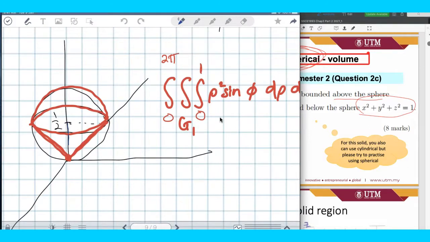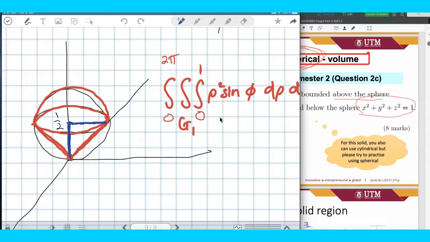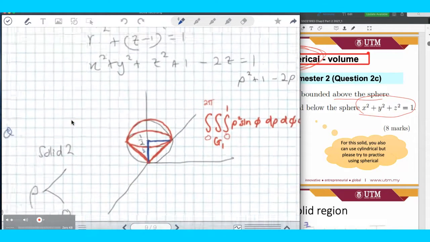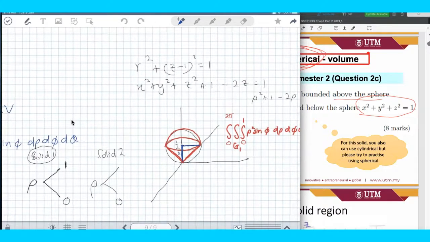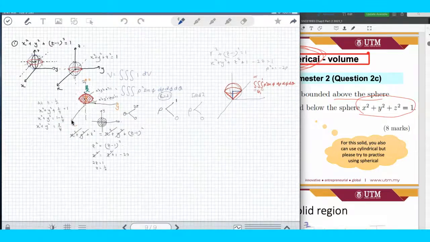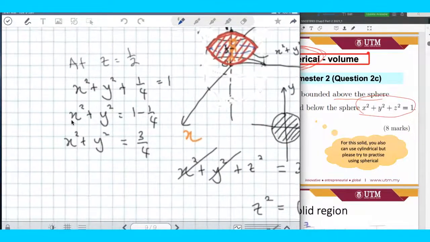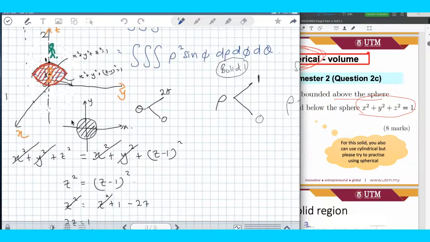You know this length, right? That length is 1 over 2. And do you know this length? Yes, we know. How can you know that? From this equation, you have x squared plus y squared equal to 3.